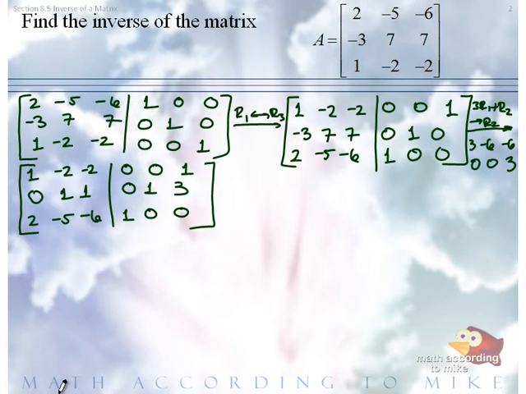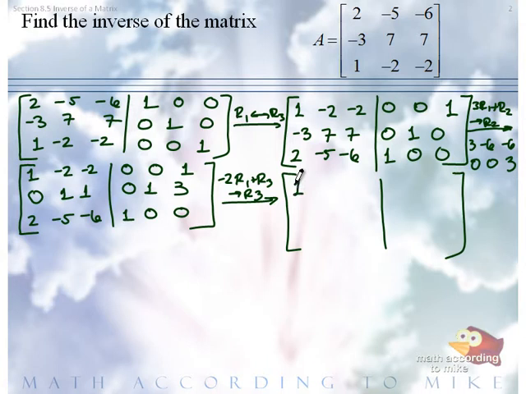All right. How do we get rid of the 2 in the 3, 1 entry? Good. What is -2 times the first row?